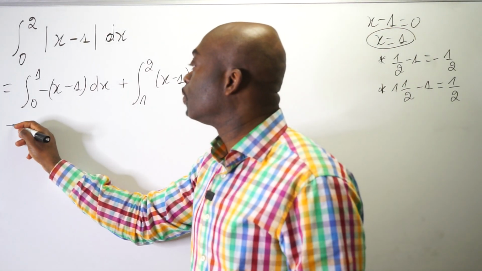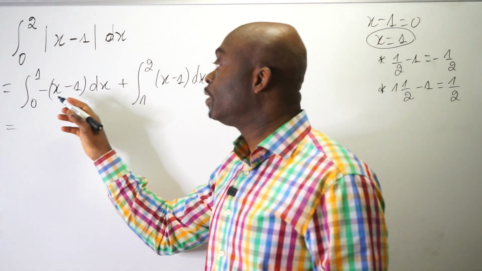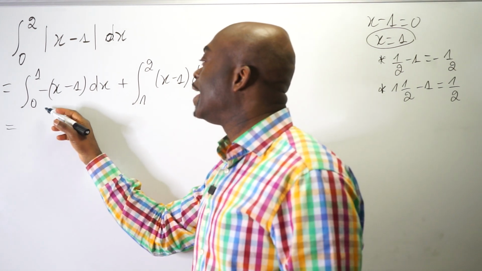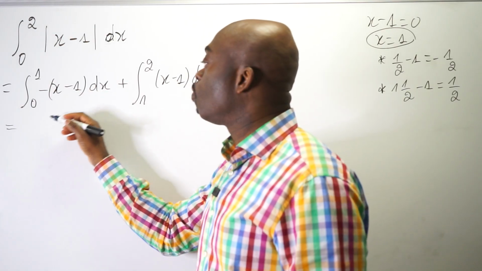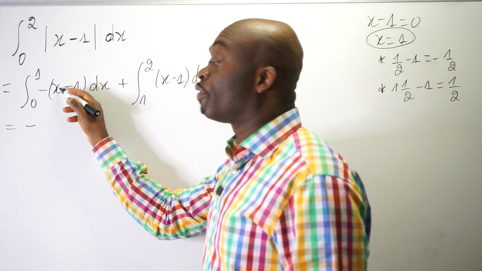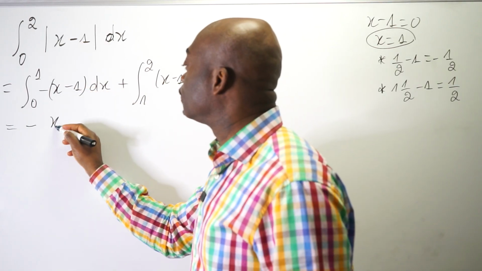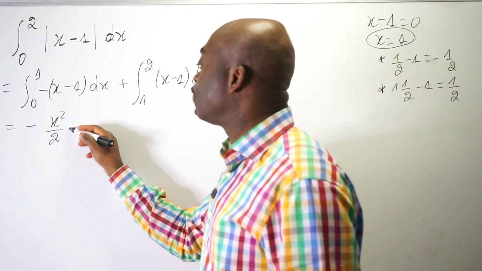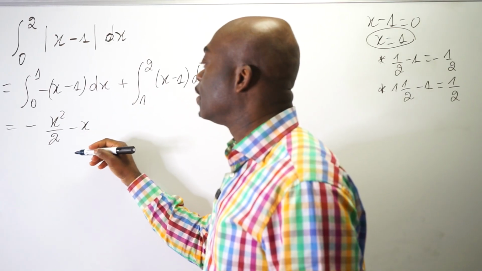Now we go and solve these integrals the way we already know how. So what is the integral of x minus 1? We have the negative sign that we kick out. What is the integral of x? It's x squared over 2. And the integral of negative 1 is just negative x, right?